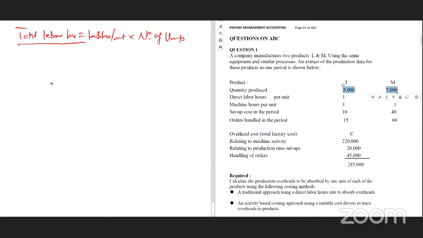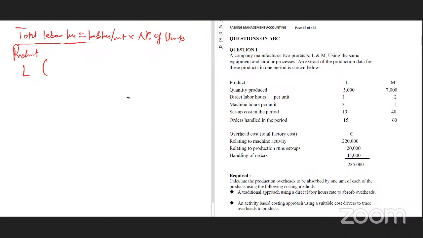You can see it from the top here. So if we take product L, how many labor hours were used for one unit? I want you to be giving me the figure so that it means you are following.